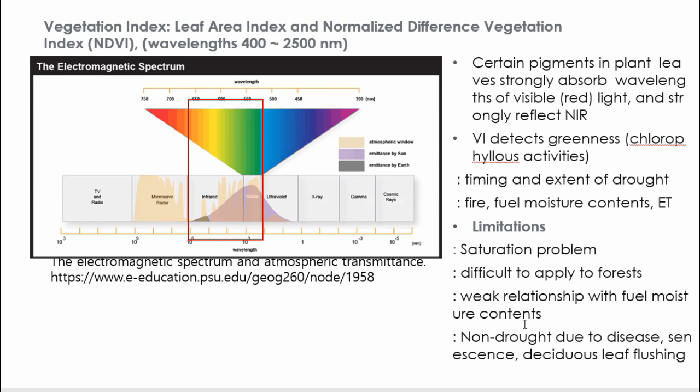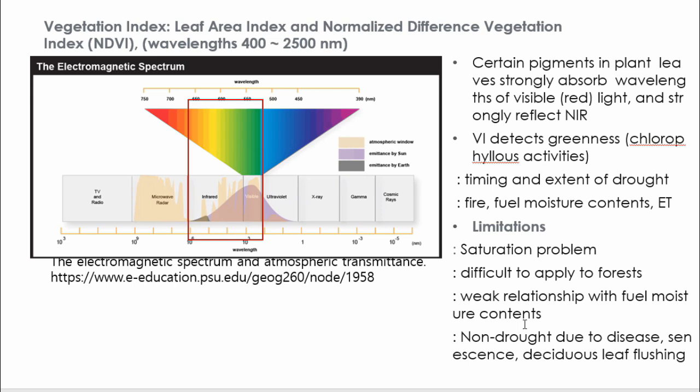So when we retrieve vegetation properties from these thermal or optical sensors, we use and combine several different bands, because specific pigments in the plant leaves strongly absorb some specific bands like red light.